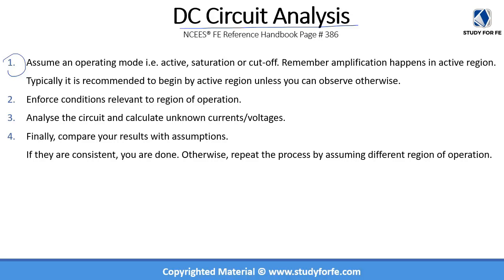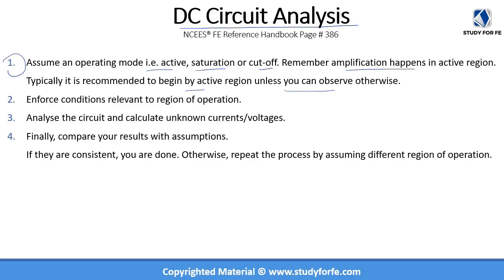Essentially, it's the same process over here, but you're working with one transistor circuit. But within that transistor circuit, the transistor itself can be in three different modes of operation. So step number one is always to assume an operating mode, that is active, saturation, or cutoff. And remember that amplification for the BJT happens in the active region. So it's typically recommended to begin with the active region unless you can observe right away that the BJT is biased such that both junctions VBE and VBC are reverse biased, so you can determine cutoff.